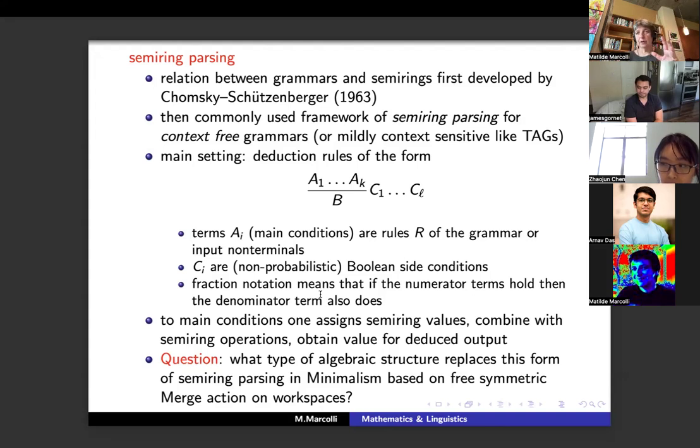So what is the good formalism for doing this kind of parsing? This is a bit different from the kind of characters of algebras that I've discussed so far, because there I'm not looking at the steps of forming structures.